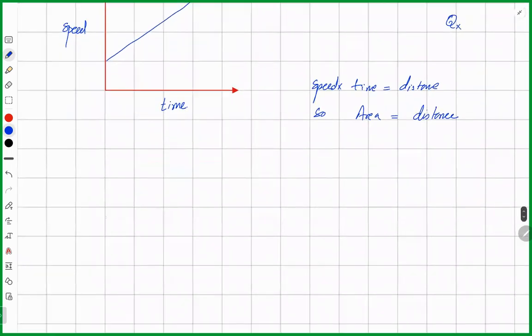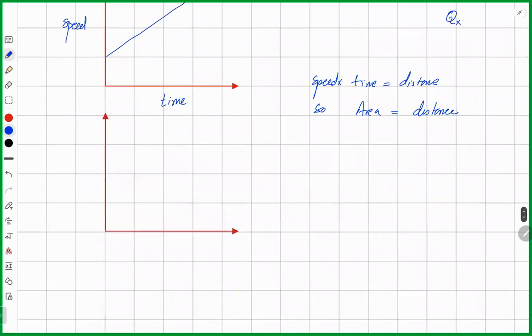Similarly, let's do a graph. So this is a graph of voltage and current.